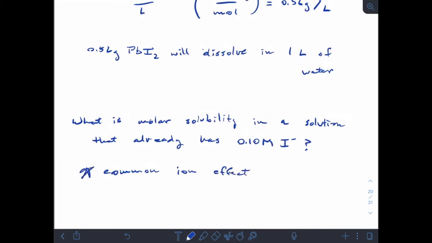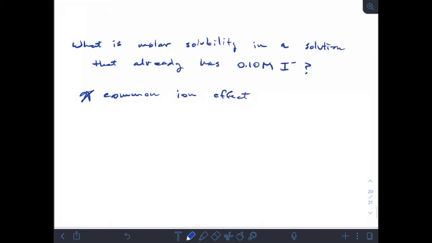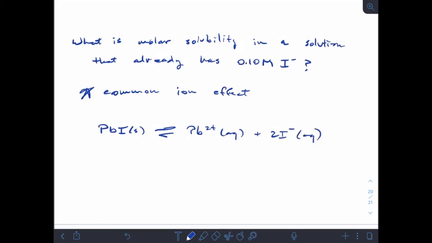All right, this is coming back to this idea. Remember, we saw how pH changes happened when we had some acid already there, some base already there, or if we added some acid or added some base. This is the same concept. So looking at my dissolution equation, right? Think about Le Chatelier, right?